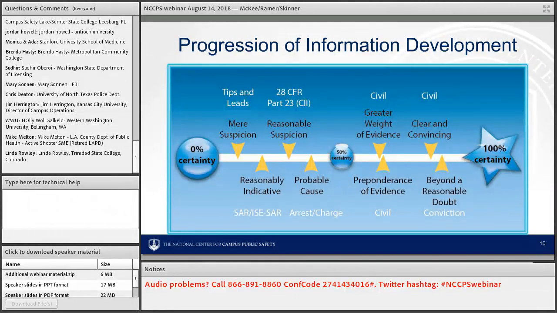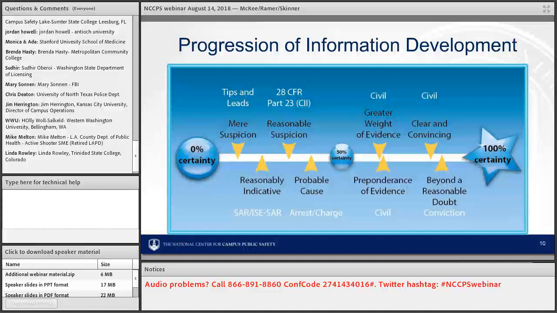So this is to try to visualize that little timeline, that progression of information. Starting at the left is like no information. Starting at the right, it would be 100% certainty beyond a reasonable doubt. I think we all understand those concepts. So if you see at the left, mere suspicion, it's just you don't have anything factual, you just suspect somebody. So we're not talking about that. We're talking about reasonably indicative, which means just a little bit more information, something you can articulate.